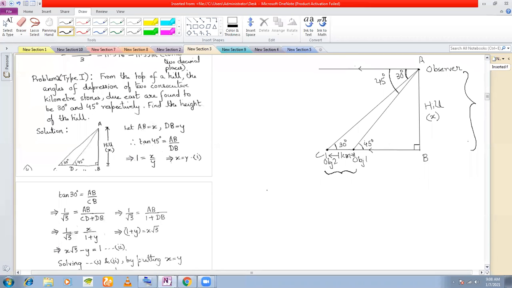In order to find this, we observe that there are two right angle triangles. First, this right angle triangle here, and then the bigger right angle triangle, ACB. We use these two triangles in order to find our height. So let's see how. Which two triangles shall we consider?